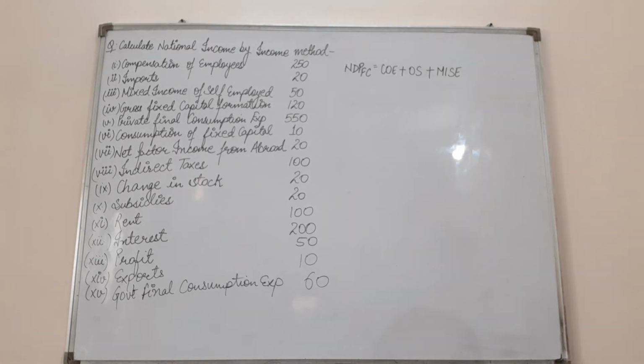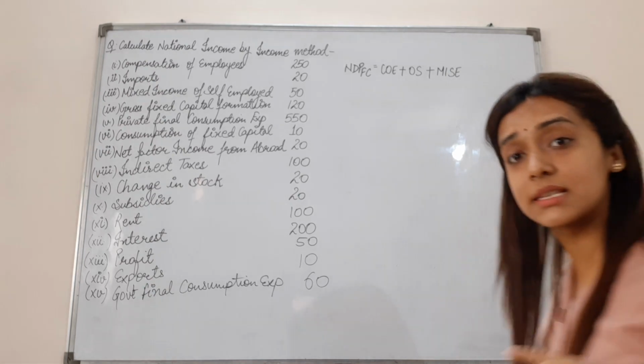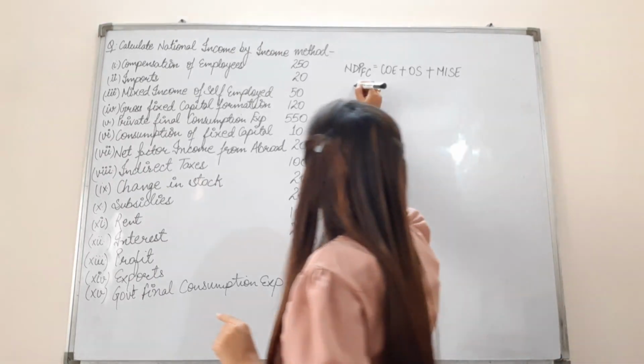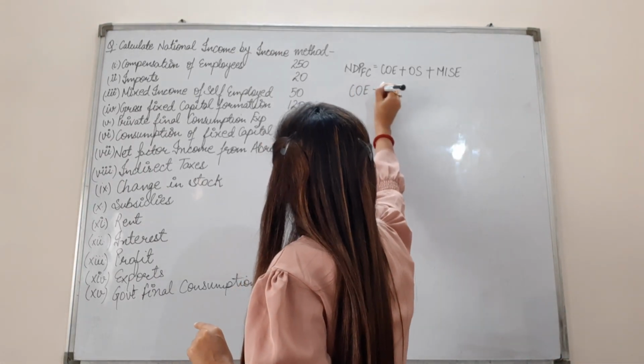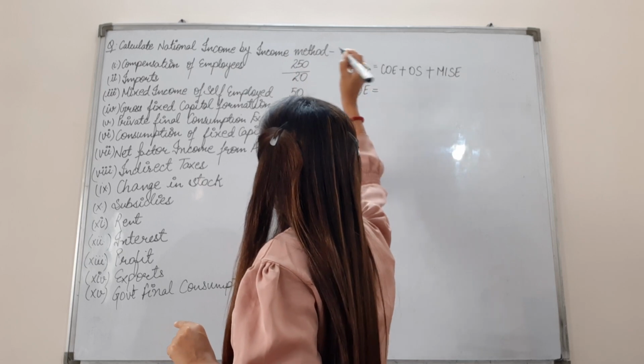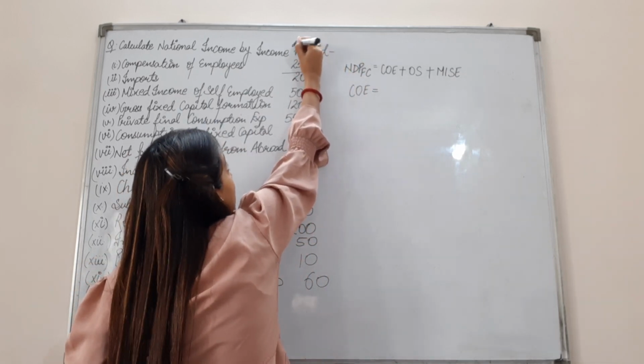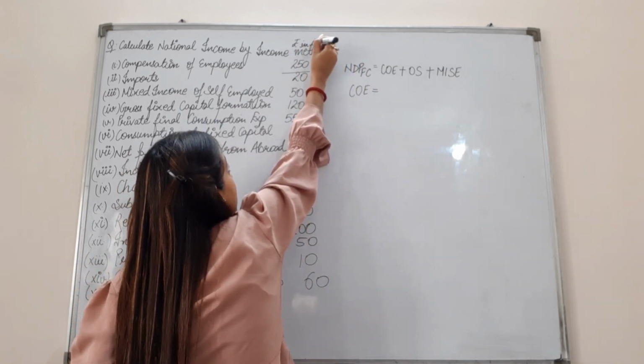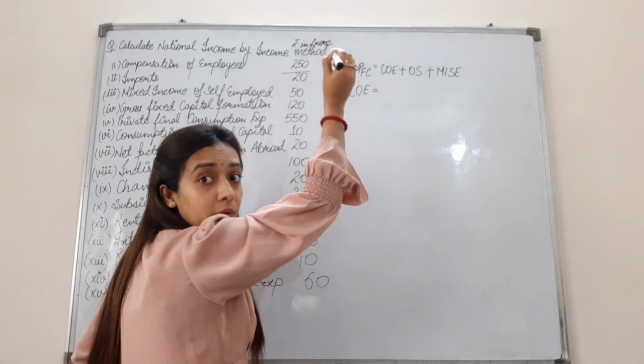So first we will see whether COE is given in the question. Yes, it is given in the question. We will write it. Rupees are in crore.